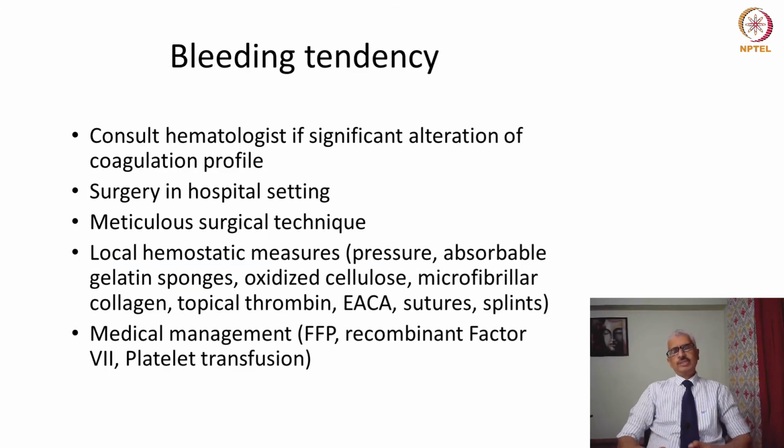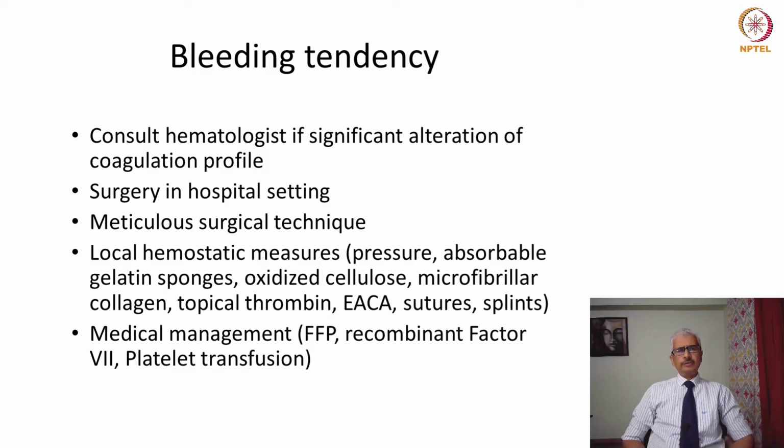Now, the next significant problem we encounter in these patients is their bleeding tendency. Therefore, we must consult a hematologist if we have significant alteration of coagulation profile. If we choose to do any surgery, it should be done in a hospital setting. And meticulous surgical technique should be employed to reduce any trauma and any chance of bleeding intraoperative or post-operative.